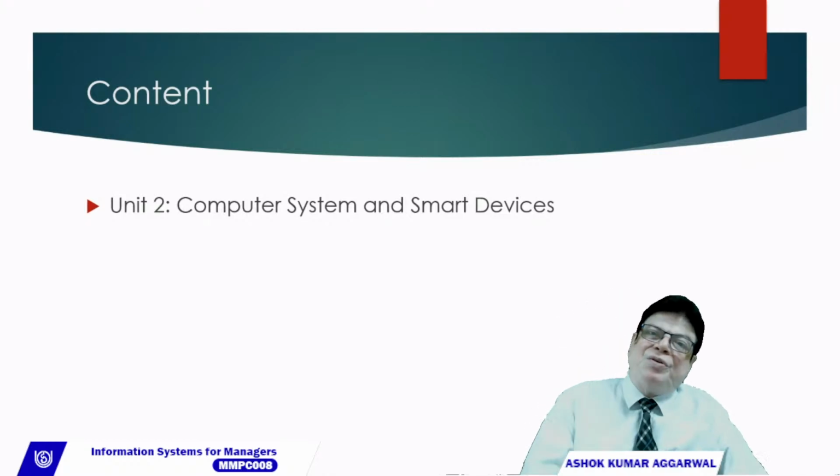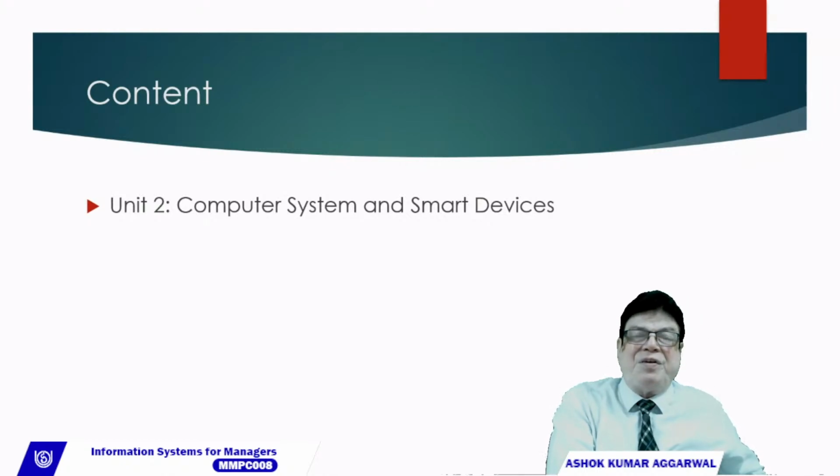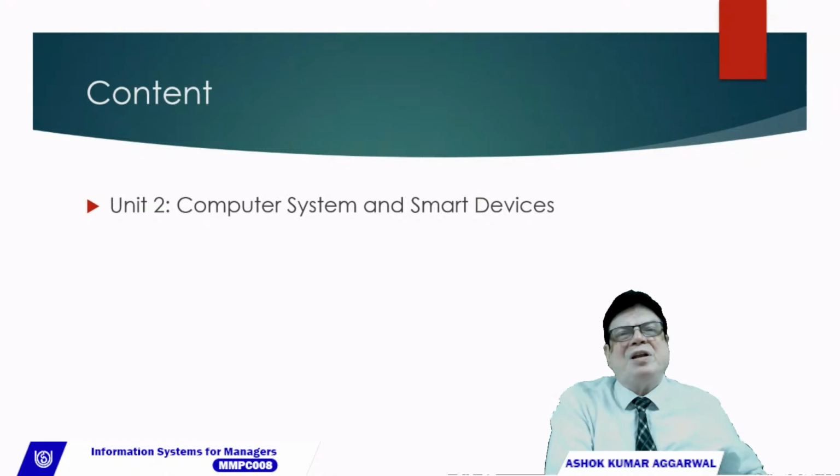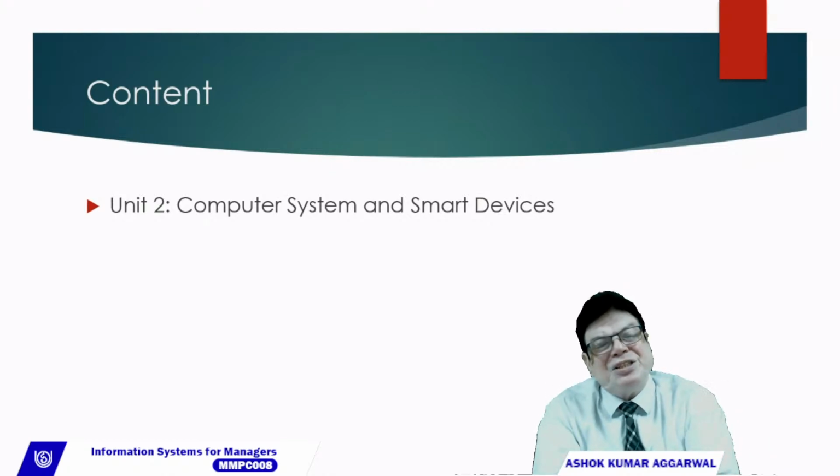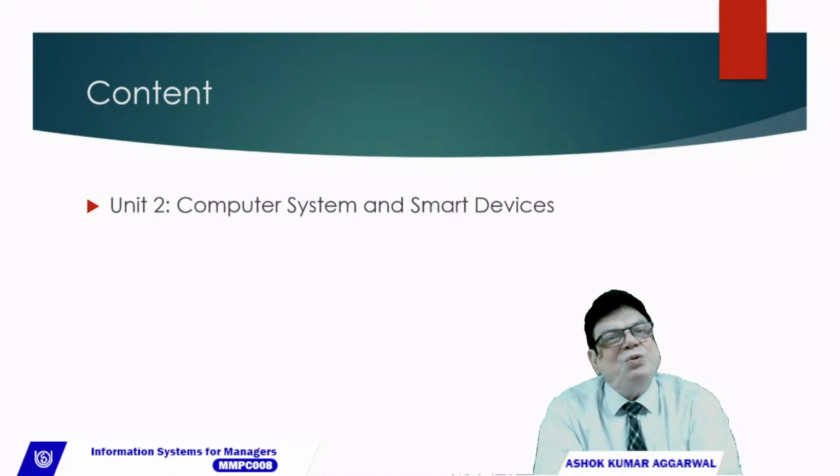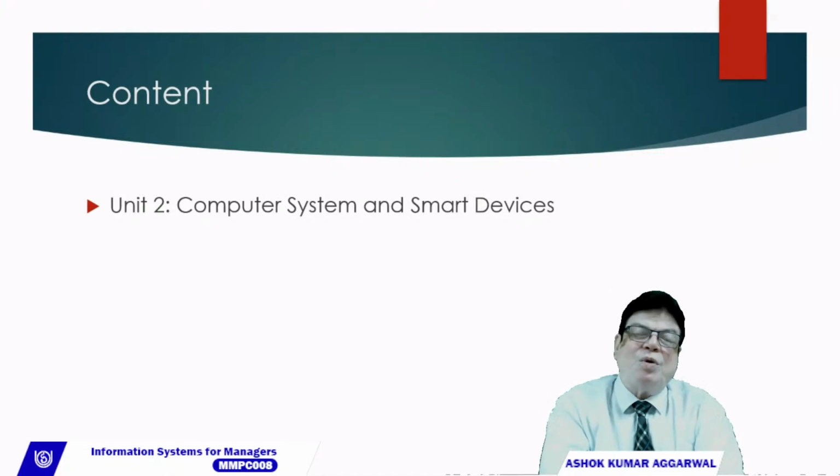You can request NEFT, which means fund transfer, and RTGS, also fund transfer. NEFT is done up to 2 lakhs, RTGS above 2 lakhs. This facility is due to computerization in banks.